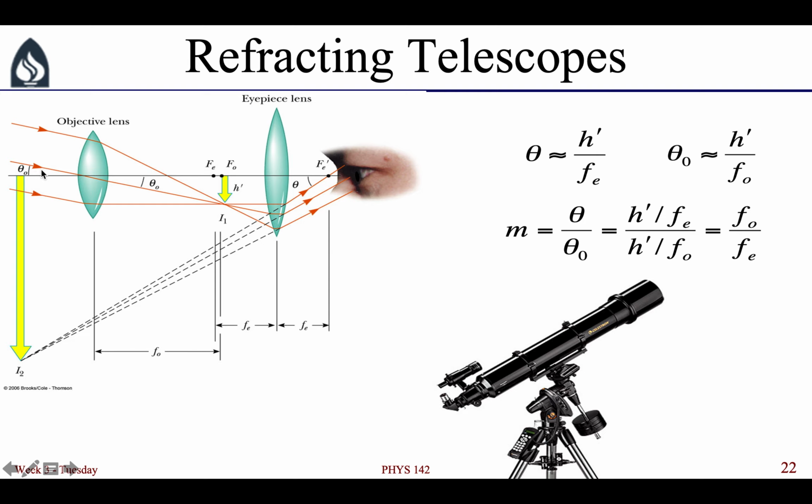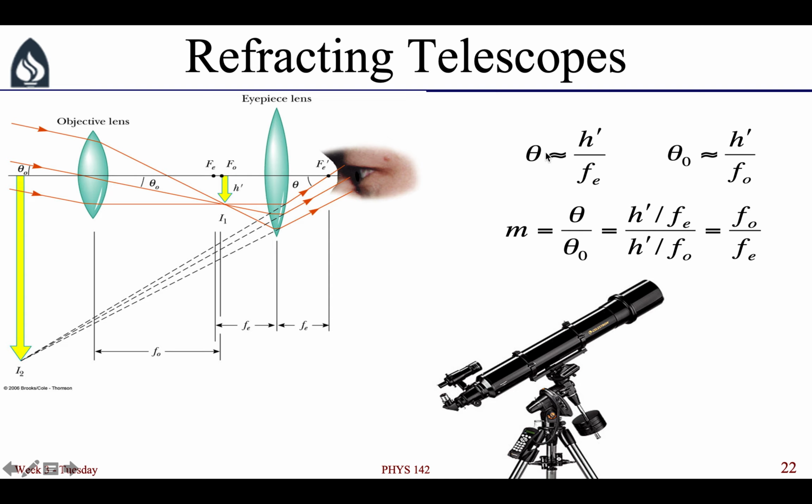And that angle is going to be roughly equal to, if we look at this triangle here, the objective image height h' divided by the focal length of the objective, since this image appears at the focal point of the objective lens if the object is at infinity.